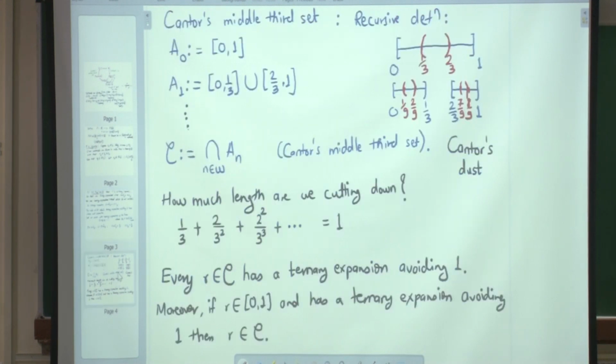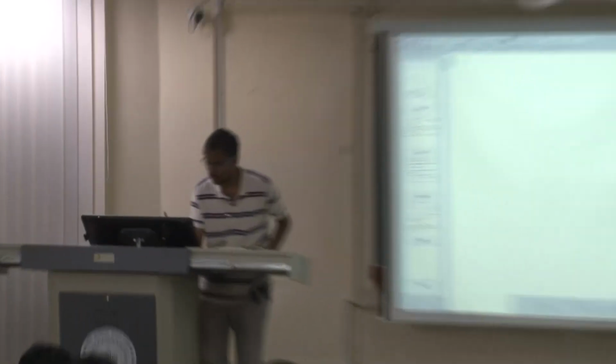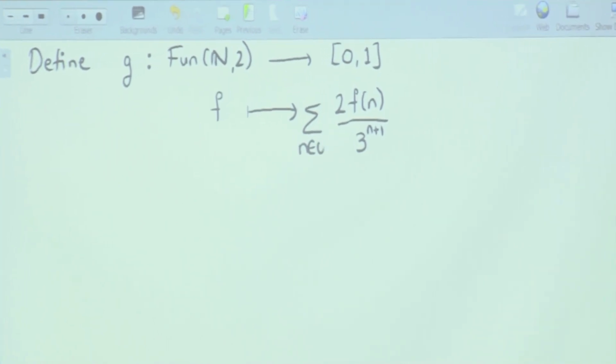Okay, so let me finish by saying, now define a G. This G is going from functions from n to 2, which means it is a sequence, a sequence of zeros and ones, to real numbers, where I send a function f to f of n divided by 3 to the power n plus 1, multiply this by 2 and then take the sum over all n in omega.